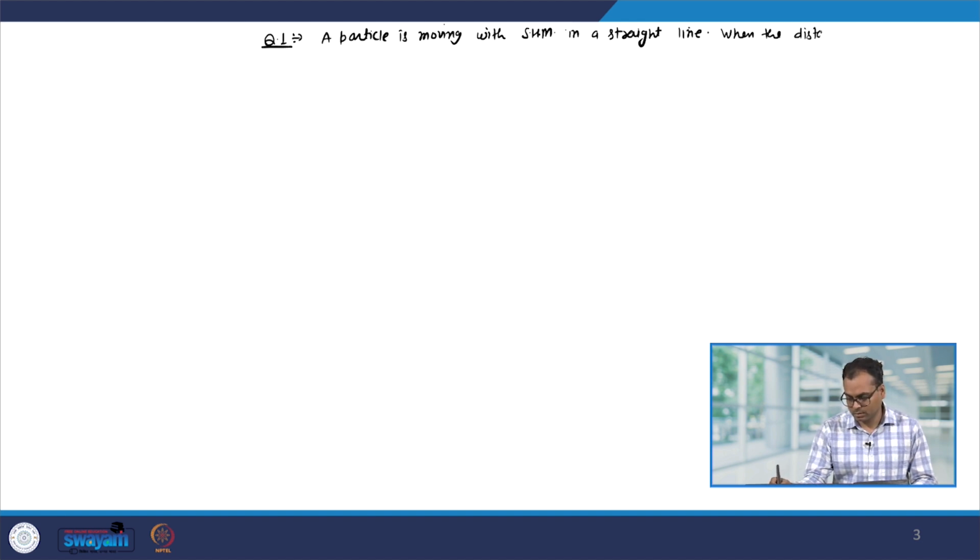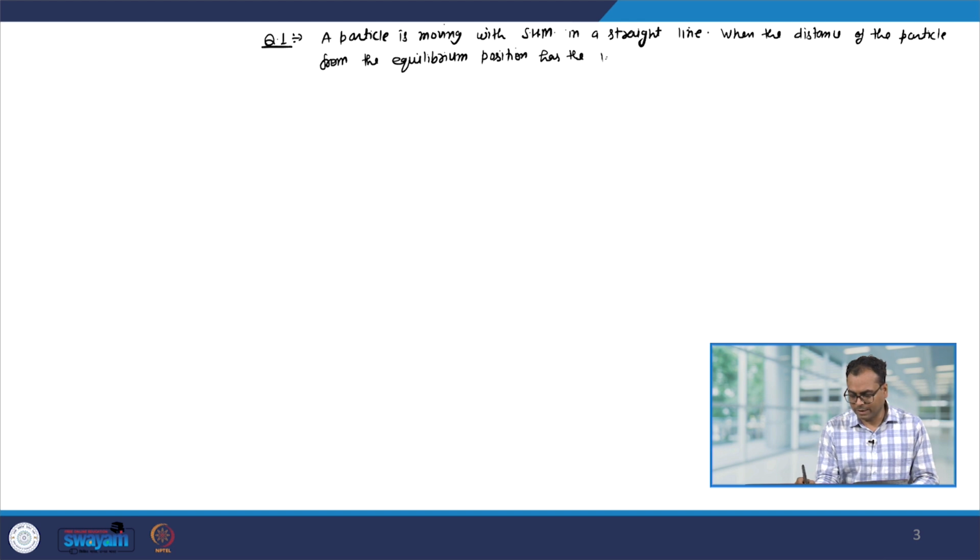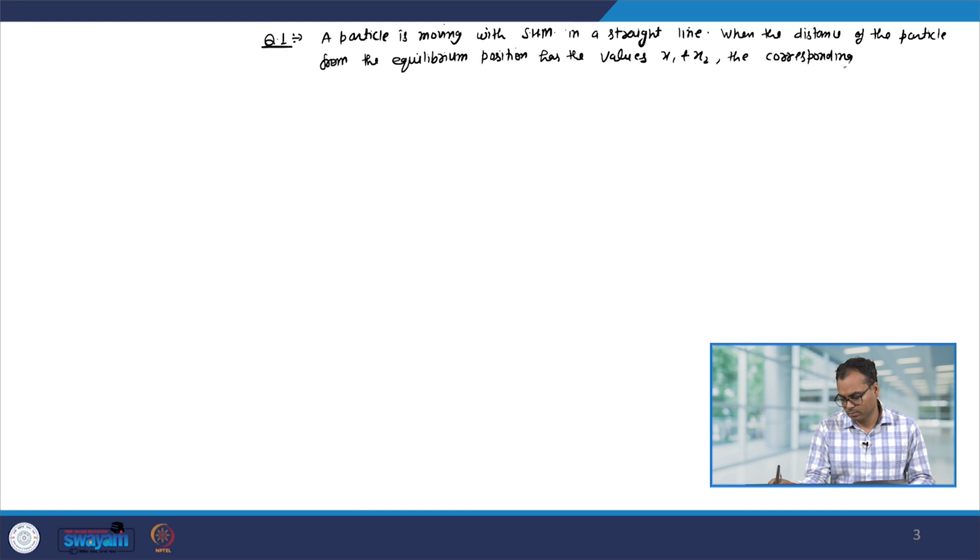When the distance of the particle from the equilibrium position has the values x1 and x2, the corresponding values of the velocity are u1 and u2. Find the time period.